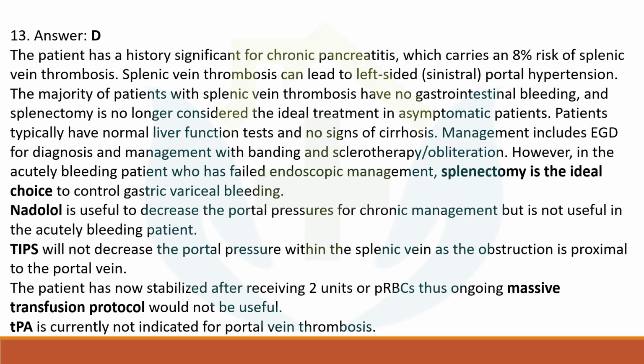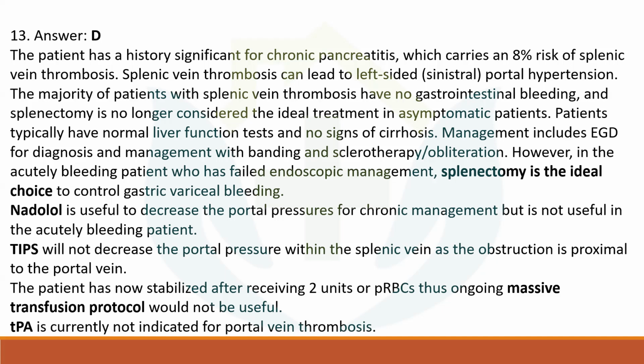Management includes EGD for diagnosis and management, banding, sclerotherapy, obliteration. However, in acutely bleeding patients who have failed endoscopic management, splenectomy is the ideal choice to control the gastric variceal bleeding.